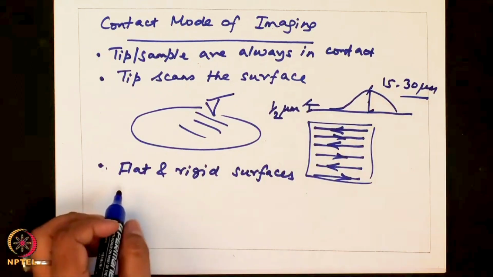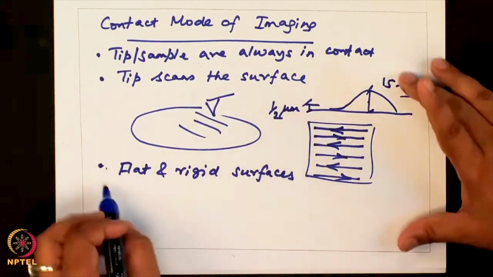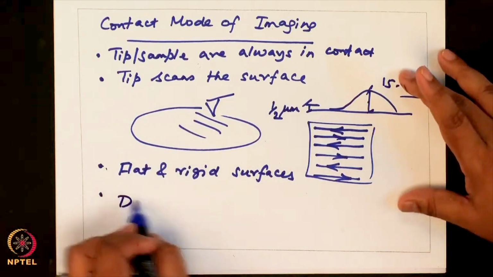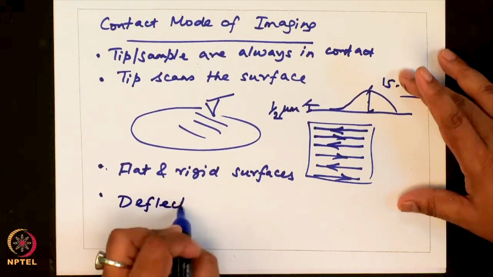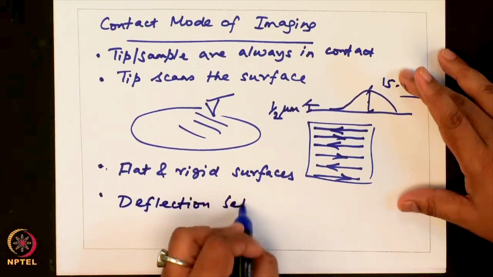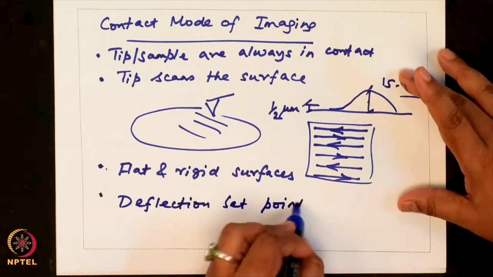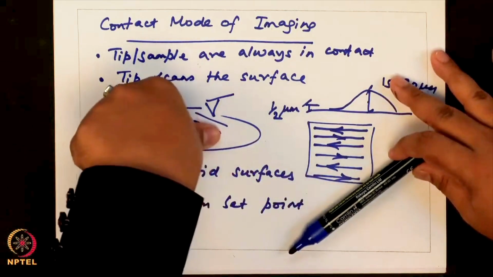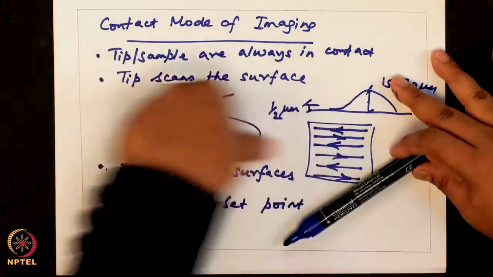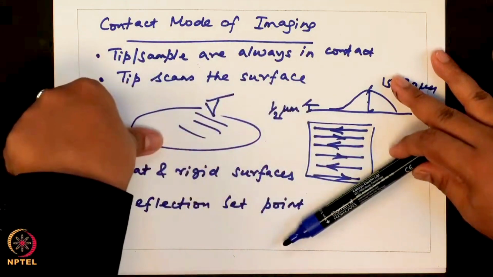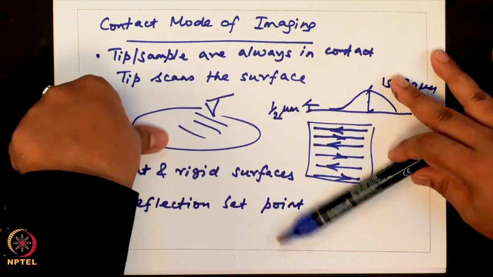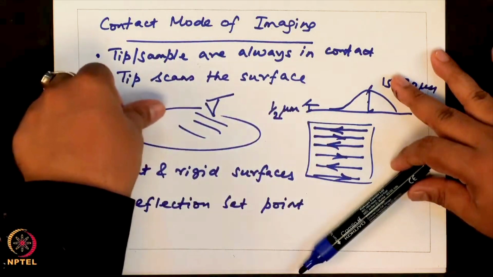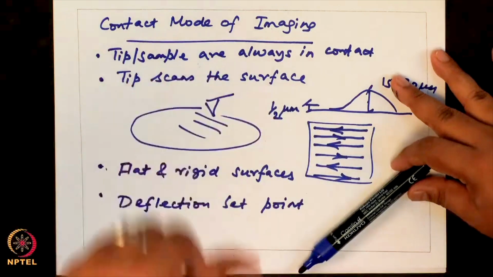So, how do you do this scan? Okay. What is being done is, actually you control something called the deflection set point. So, deflection set point is the force with which you are probing your sample. So, if you are doing this repeatedly, you have to exert a small force, because if you do not exert a little force, then just due to surface heterogeneity, you might be dislodged from the sample.